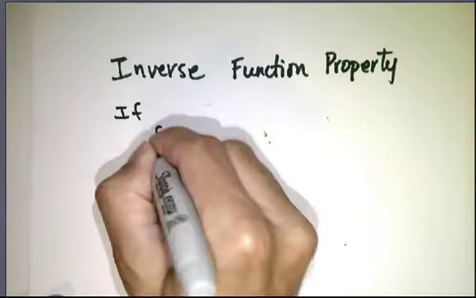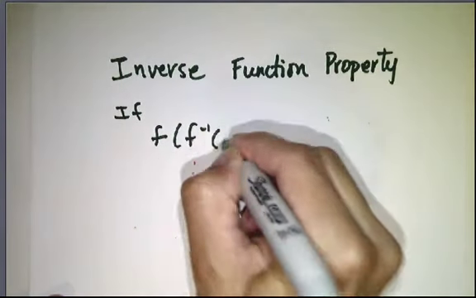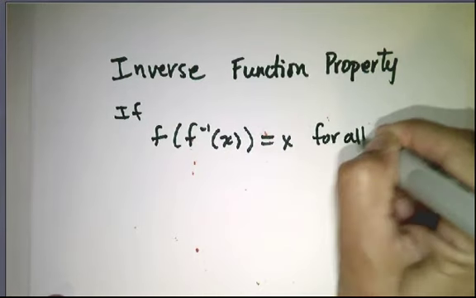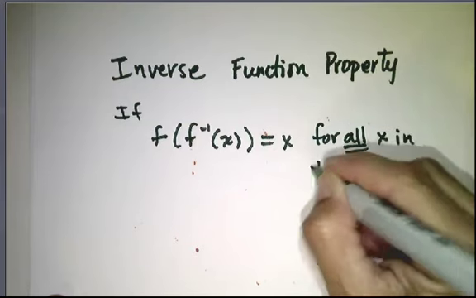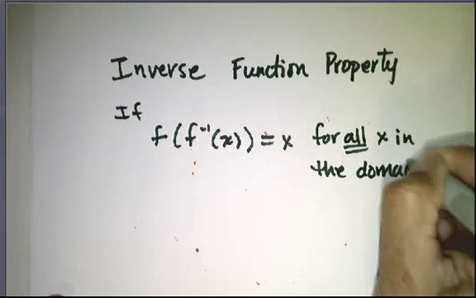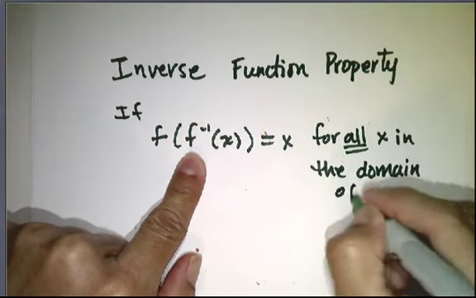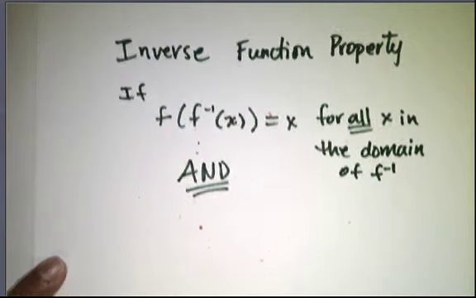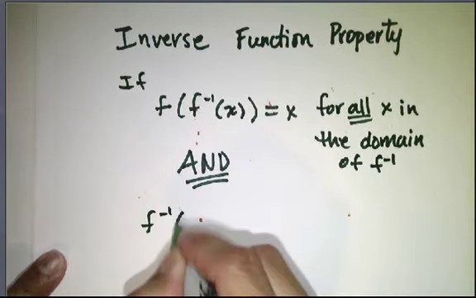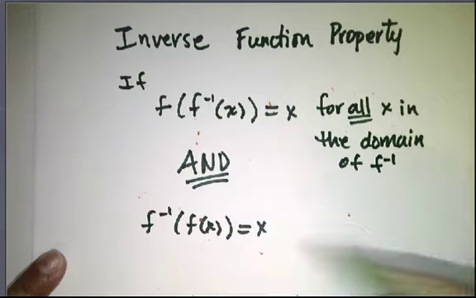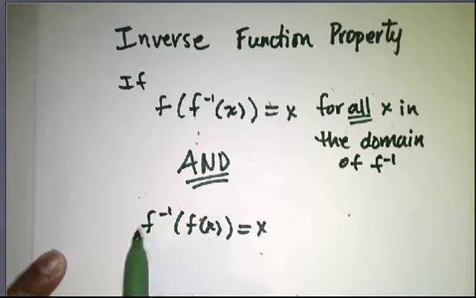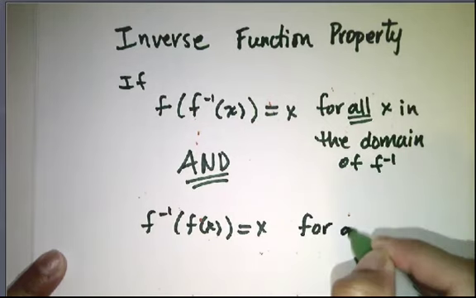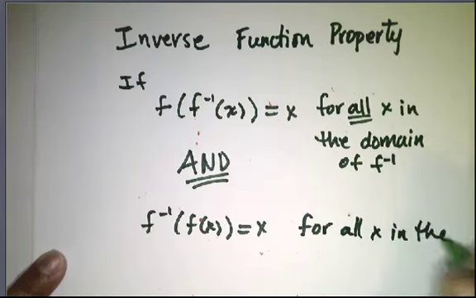If f composed with this function f inverse of x equals x for all x in the domain of f inverse, and f inverse of f of x equals x. In other words, wherever I started, I apply both of my functions and I land back where I started in both cases, and this is true for all x in the domain of f.